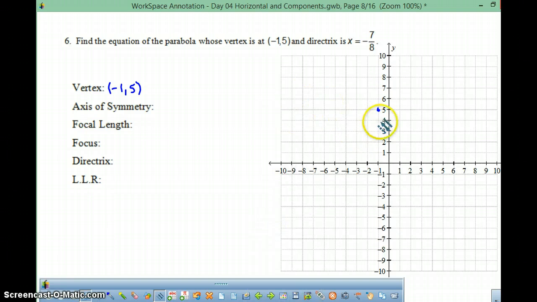Okay, directrix. X equals, is that going to be a vertical line or a horizontal line? That's a vertical line. -7/8. That's going to be just to the right of our vertex. It's 1/8 to the right. It's really hard to draw it, isn't it? We put it just to the right. It's 1/8.